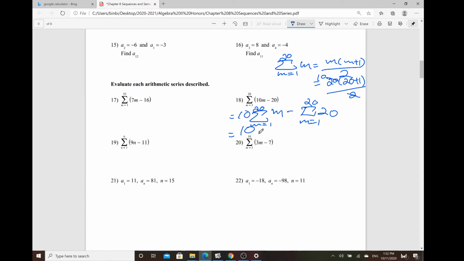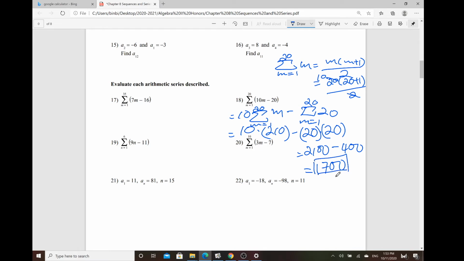So 10 times 210, and then minus, this one is just adding 20 consecutive times, so that'll be 20 times 20. So what we got here is 2,100 minus 400, and once you subtract, that'll be 1,700.